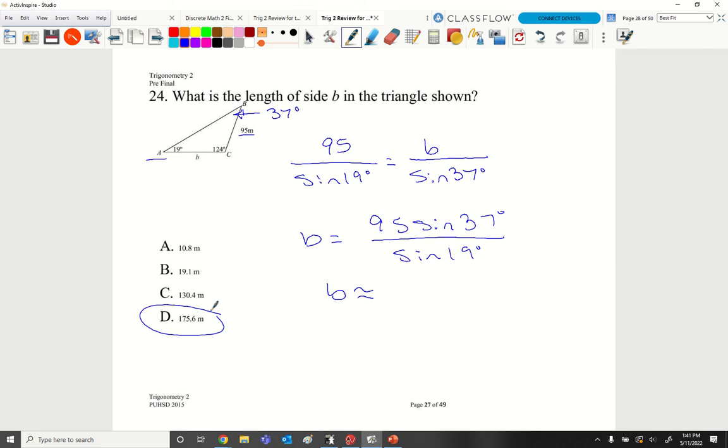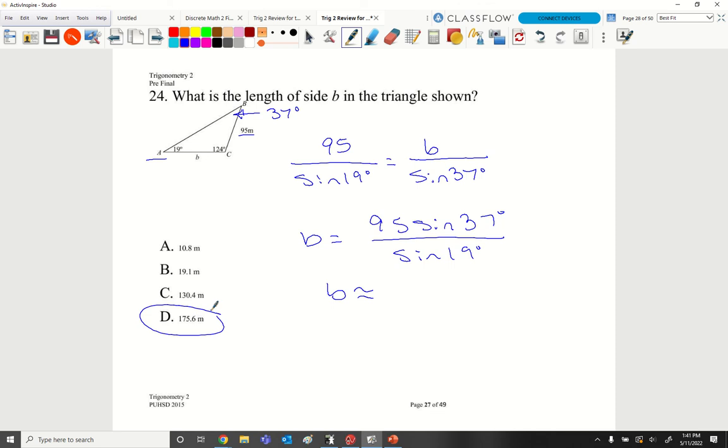Now, is it possible for A to be the answer? I hear no, I hear yes. Why is A not possible? Match up with the angle. There we go. Smallest angle, smallest side, right? What is my smallest angle here?